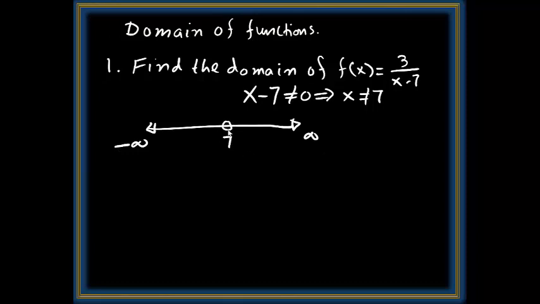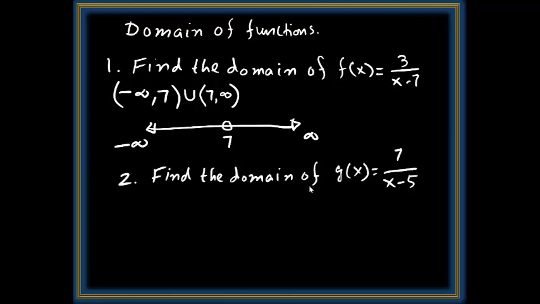And then we want to exclude 7 from the domain. So if you use the interval notation, you will write negative infinity to 7 and then connect with union symbol 7 to infinity. So this is the domain for the function f of x, which is 3 over x minus 7.